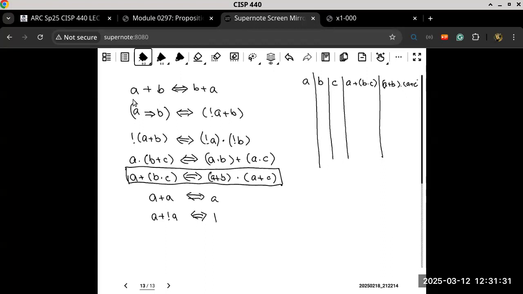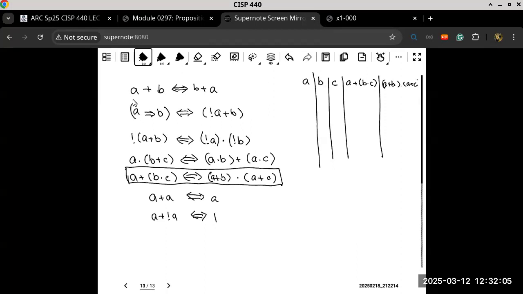But what about the number of rows? A, B, and C are independent variables, which means the truthfulness of one is not influenced by the truthfulness of the other two. How many ways can we assign zeros and ones when there are three digits? Eight. It is 2 to the power of 3.